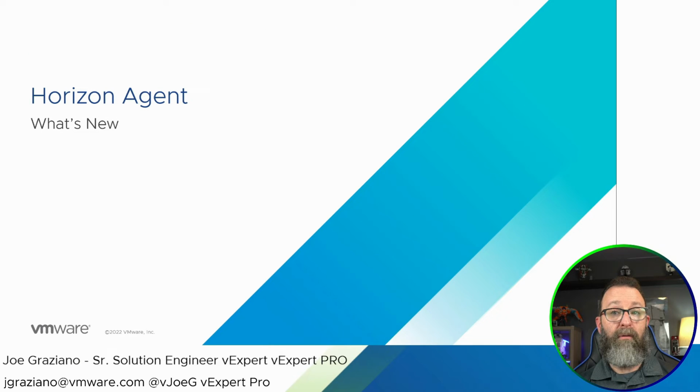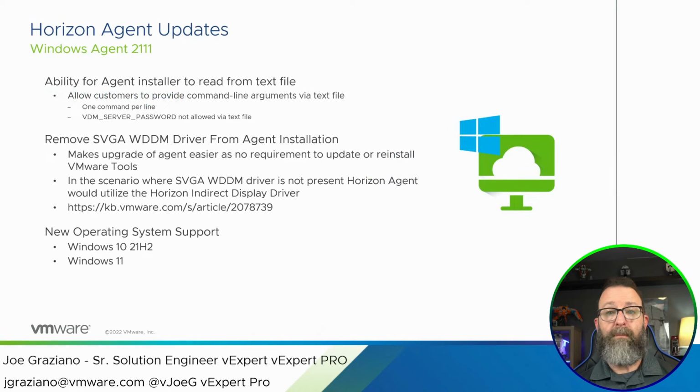Okay, so Horizon Agent. What's new here? Well, in 2111, you can read from a text file for the agent installer. Some of my customers have noticed that the SVGA driver has been removed from the agent installation.